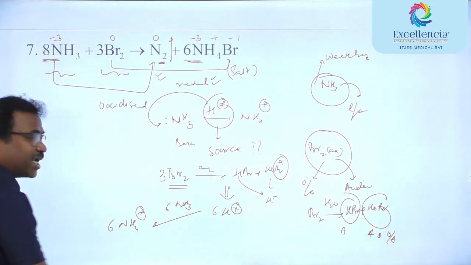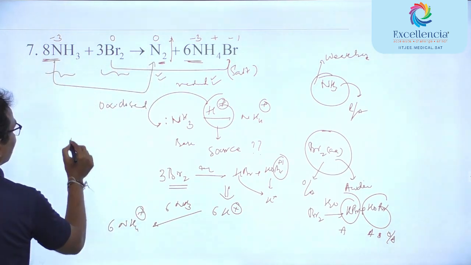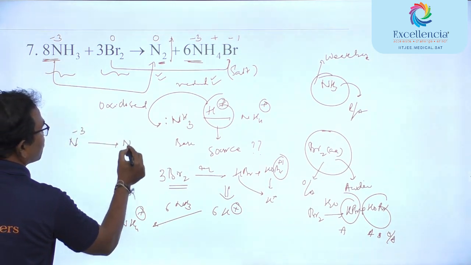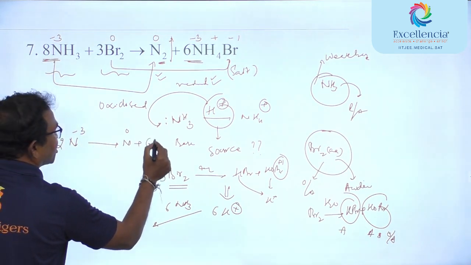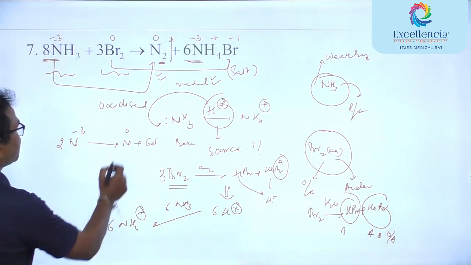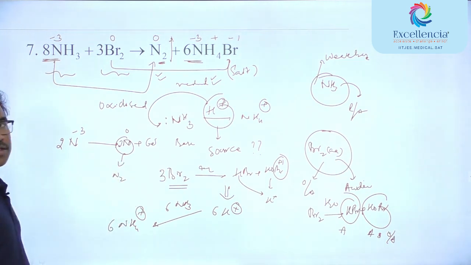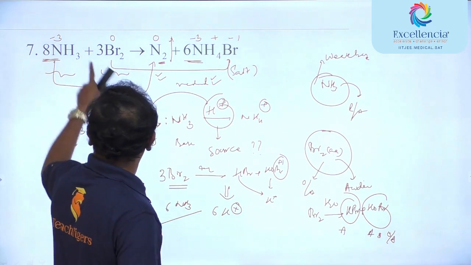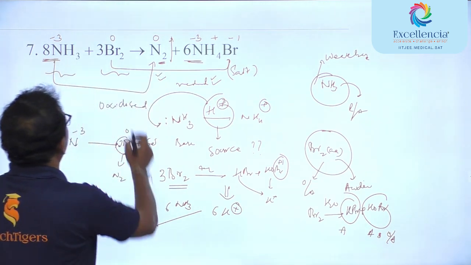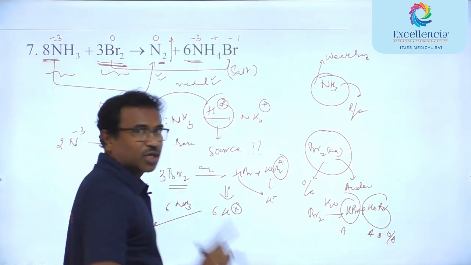And out of these 8 nitrogens, I said 2 nitrogens got oxidized. So if you take N -3 going to N 0, 2 moles means it has lost 6 electrons. So ammonia is losing 6 electrons, 2 moles, therefore that is acting as the reducing agent. Whereas the 6 electrons should be taken up by bromines. Therefore, 0 to -1 is 1 electron each.